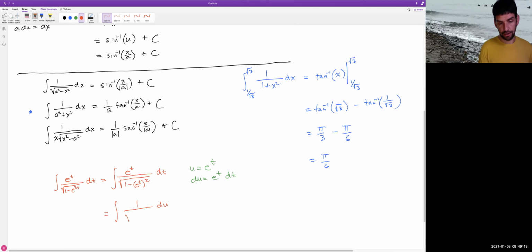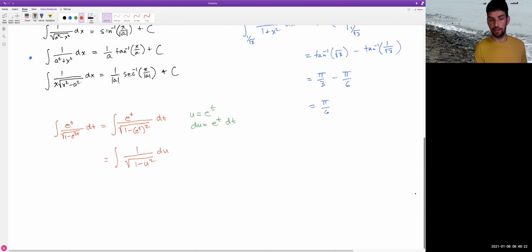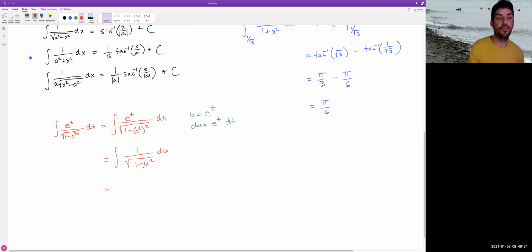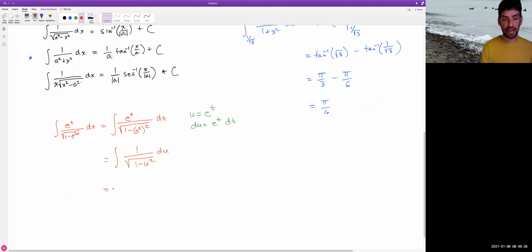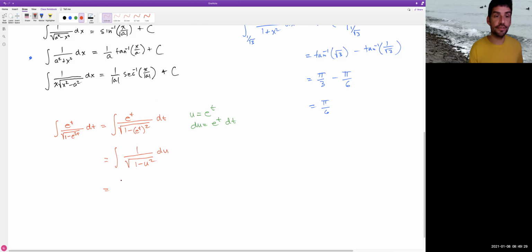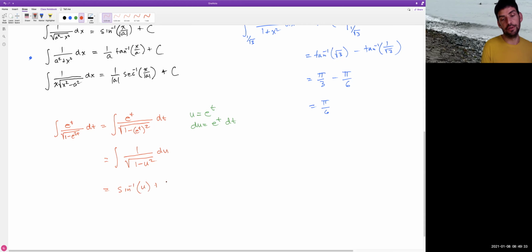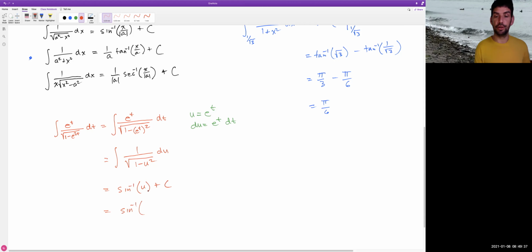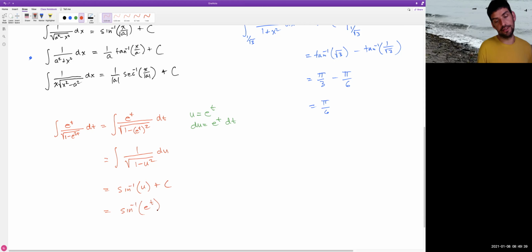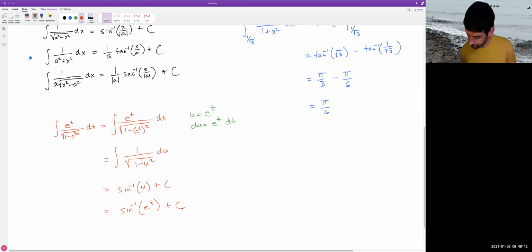And I have a 1 up here, and then I have 1 minus u squared. Now this fits right into our rule with a equal to 1. And so I get sine inverse of u plus c, and then putting back in the substitution, sine inverse of e to the t plus c.